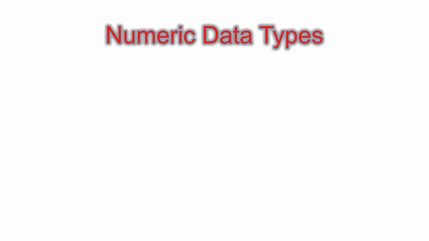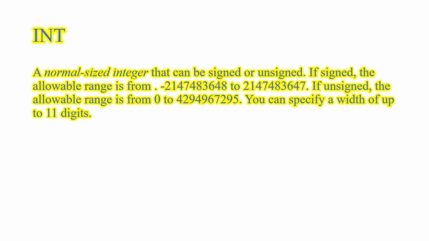Numeric data types. There are various different types of numeric data. The first numeric data type is int, a normal size integer that can be signed or unsigned.